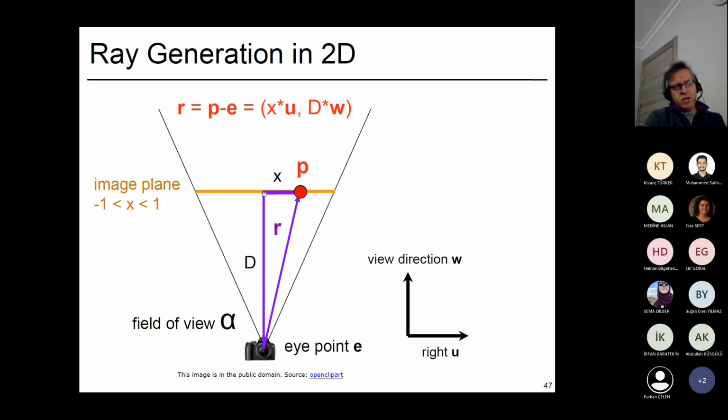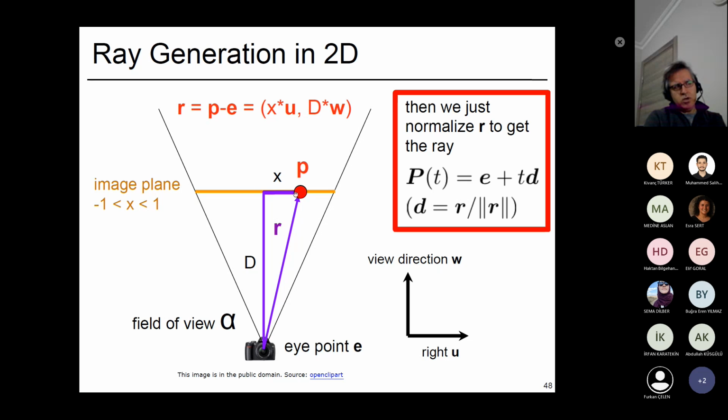The way that I can now represent this is the x location of the point in the view here, so this is the x direction, times u, and then d times w, right? So now I have my representation already. In that case, I can get P(t) as E plus tD.